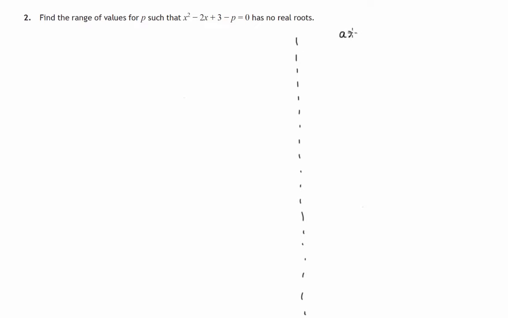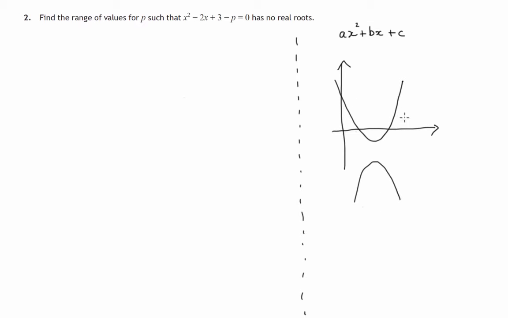If we have a quadratic expression, generally x squared plus bx plus c for instance, and we graph the values of this expression as heights on a graph, then we'll end up getting some form of parabola. It might be this way round, it might be inverted.